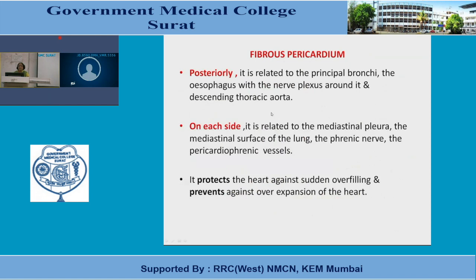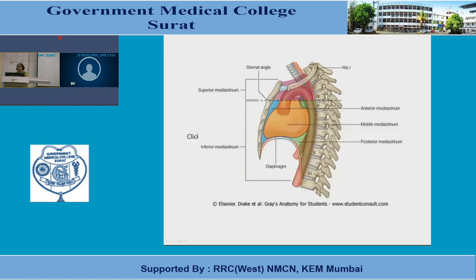Now posteriorly, the fibrous pericardium is related to the principal bronchi. We can see here the trachea is visualized at the sternal angle level, right? So at the level of the sternal angle, this trachea is divided into two principal bronchi, right?